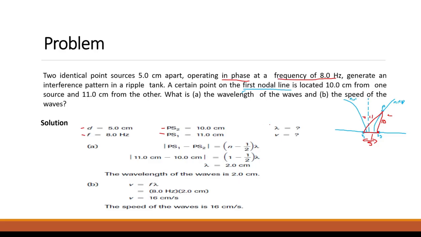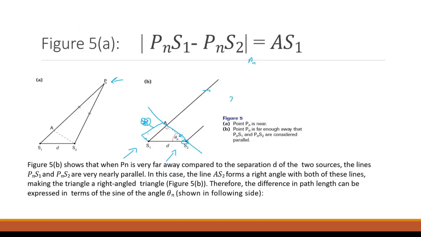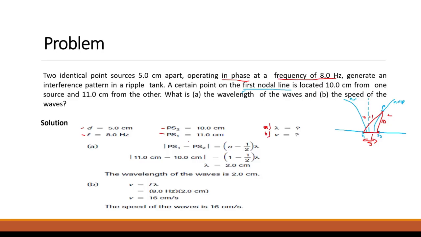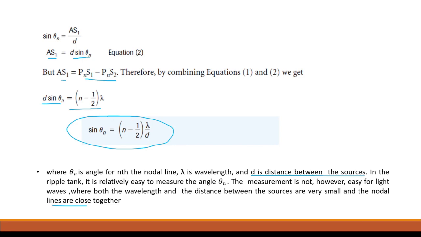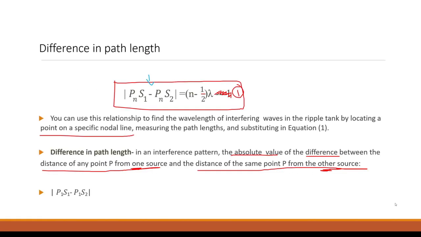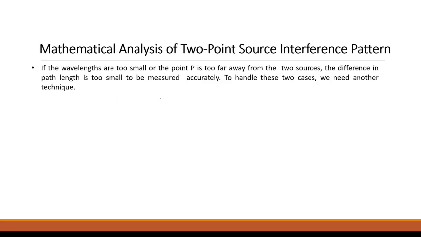We want to know for part A the wavelength and B the speed of the waves. If we go back to our formula, the combined one, this one, we have most of the information here. So this one is suitable.